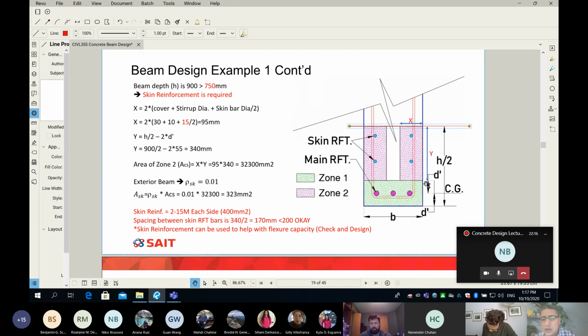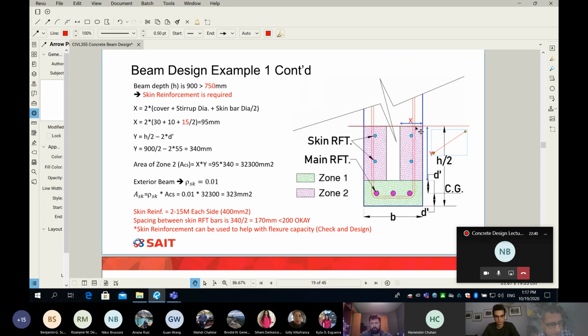It's going to be H/2, in our example 900/2, so 450, minus my D prime, which is 55. So this distance Y is 450 minus 2 times 55 millimeters, so Y is equal to 340.